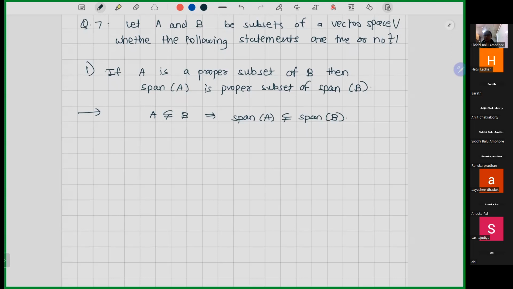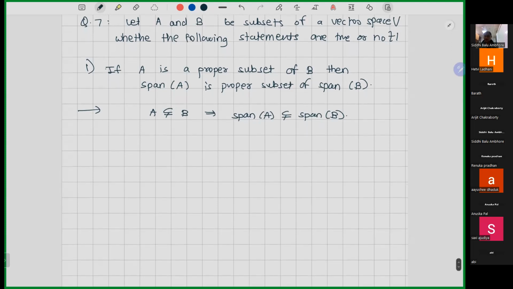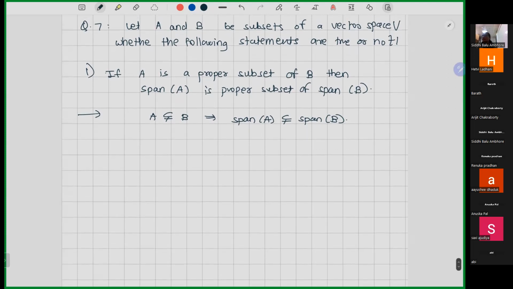Okay, so what does this mean? Let me ask you one thing. They are saying that A is a proper subset of B. We do not have any other information about A and B. And they are saying that span of A is a proper subset of span of B. So let me give you an example.